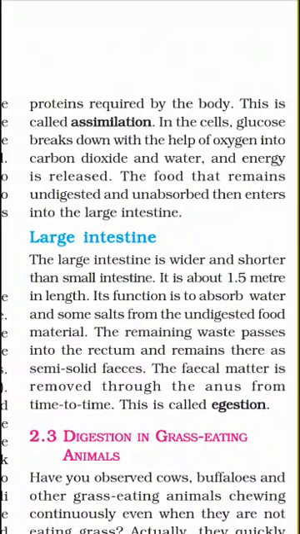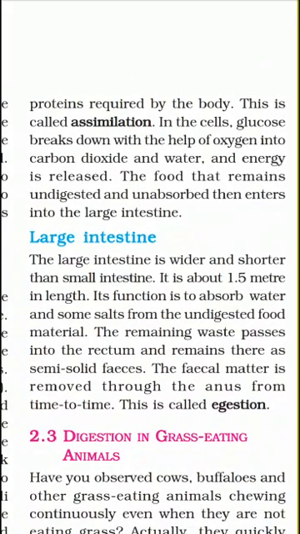The unabsorbed and undigested food enters the large intestine. The next organ of the digestive tract is the large intestine. It is wider and shorter than the small intestine, about 1.5 meters long. Its function is to absorb water and some salt from the undigested food material.